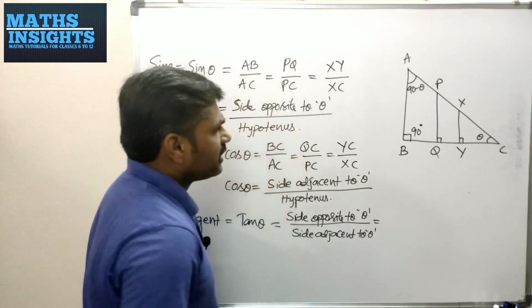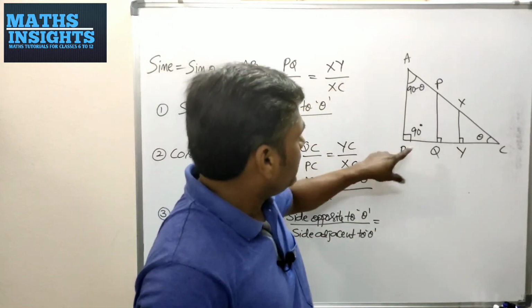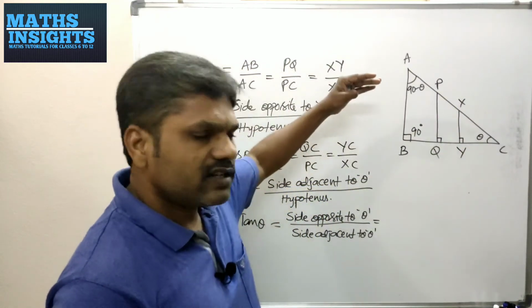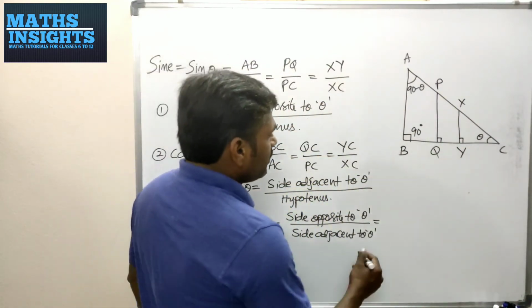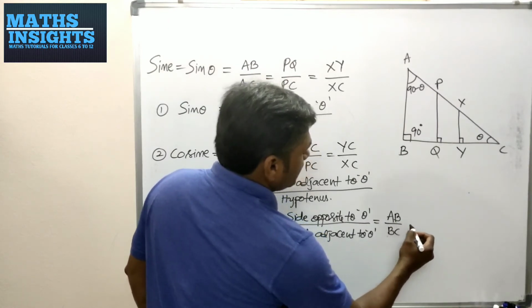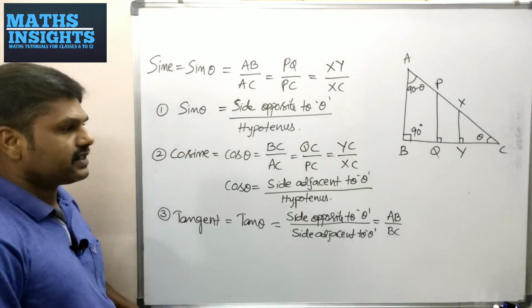Therefore if you take any triangle ABC or PQC or XYC, now I will consider the big triangle ABC. Therefore AB by BC is the ratio of tangent.